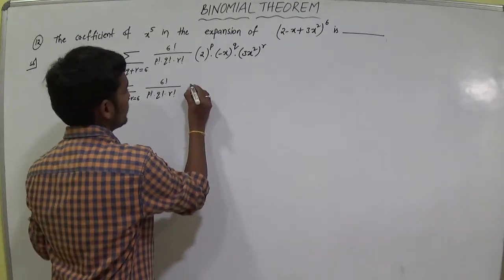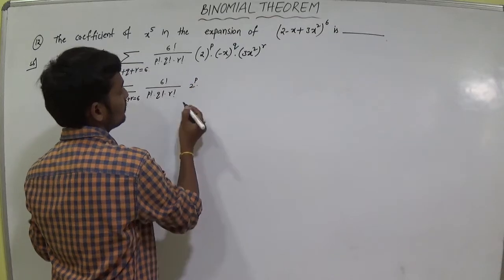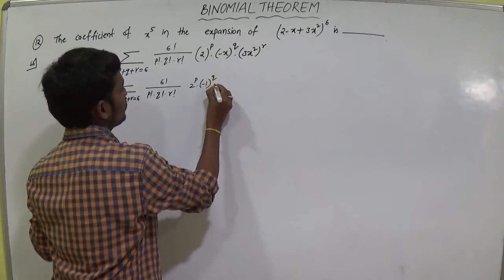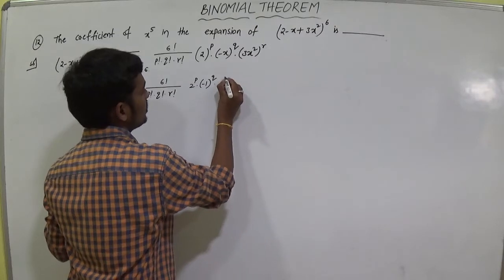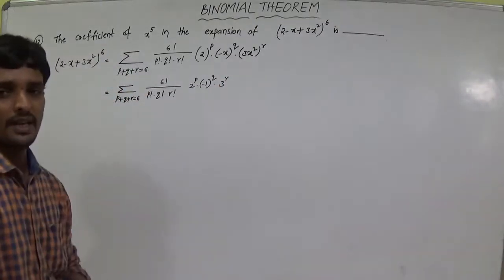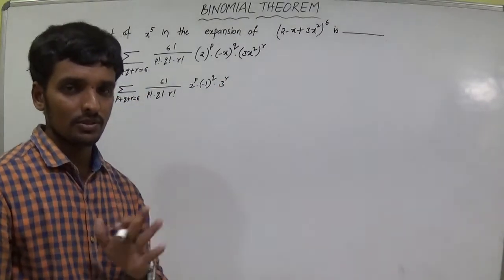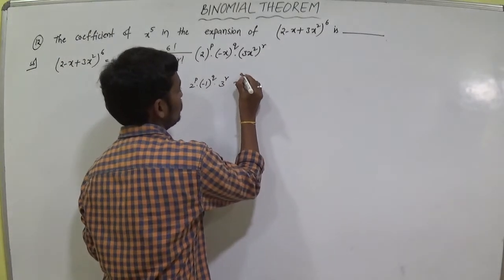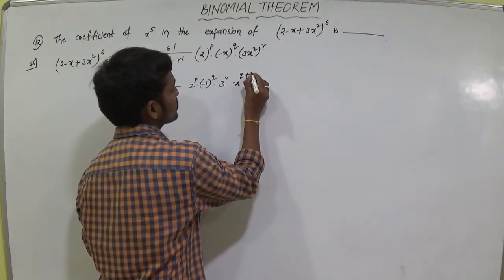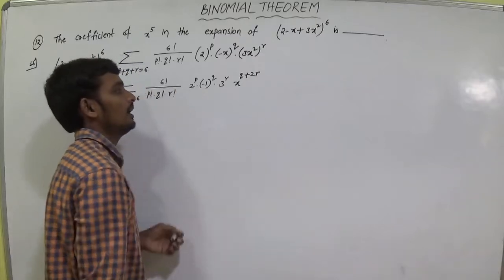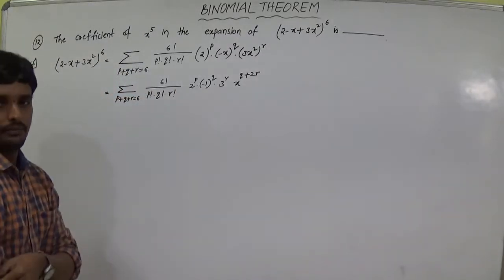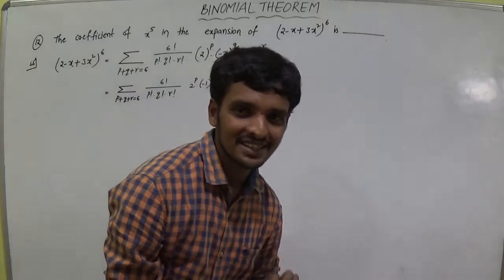Here I am separating 2 power p, and here I am taking minus 1 to the power of q into 3 power r. That means I am taking the numbers out. The remaining we have only x. Here x to the power of q, and here we have x to the power of 2r. Applying a power m into a power n, I am getting x to the power of q plus 2r. Have you understood?